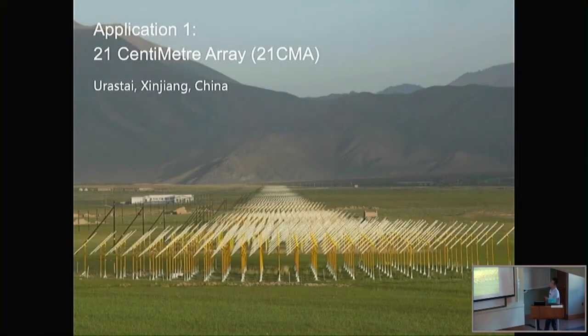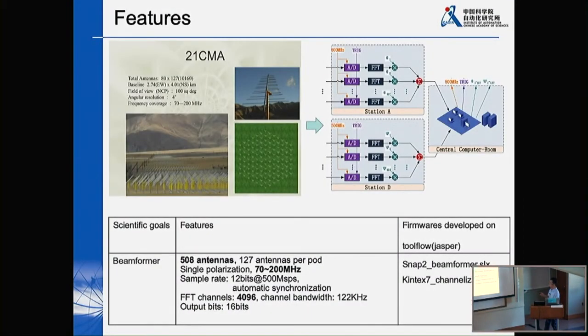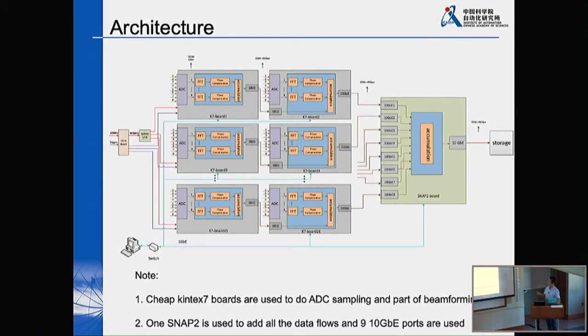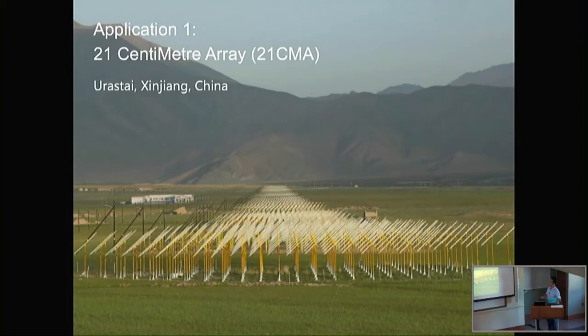Application 1. The backend BTA128 was originally designed for the 21 centimeter array. The 21CMA is a low frequency radio interferometer built in a remote mountain in the northwest province of China.